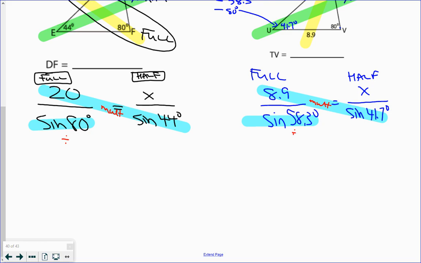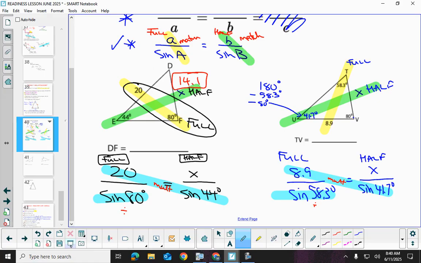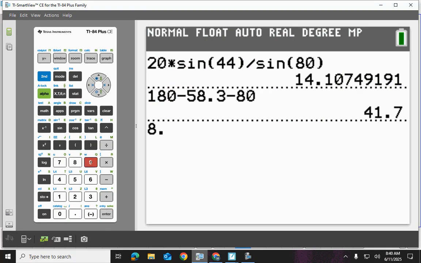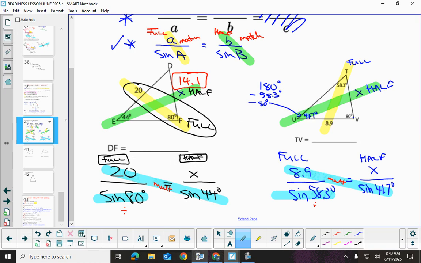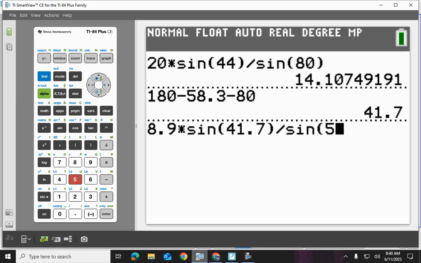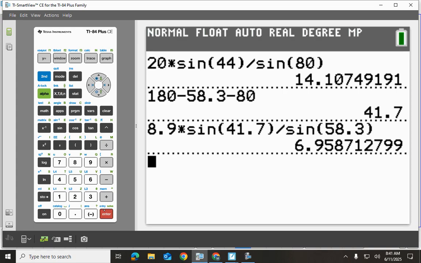So 8.9 times sine 41.7, finish the bracket. So there's your cross multiply. Divided by sine 58.3. So cross multiply, then do the divide. What would you round that to? If I said one decimal place, what would that be? 7. Yep, 7.0.